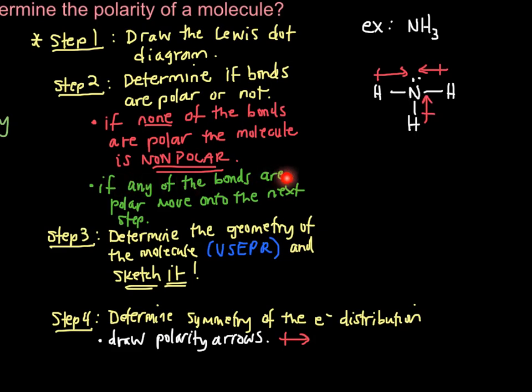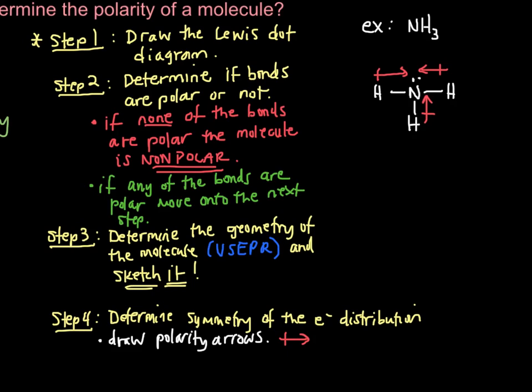If any of the bonds are polar, we've got to move on. So let's draw a sketch of what this molecule would look like as far as its shape is concerned. Remember, using VSEPR, nitrogen, our central atom, has 1, 2, 3, 4 electron domains. 3 of them are bonded, and 1 of them is a lone pair.